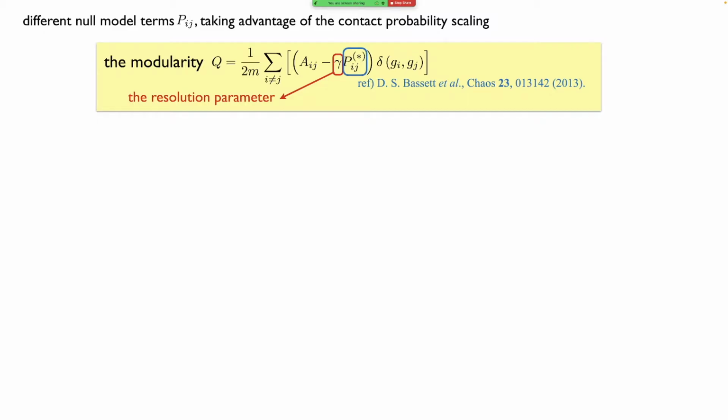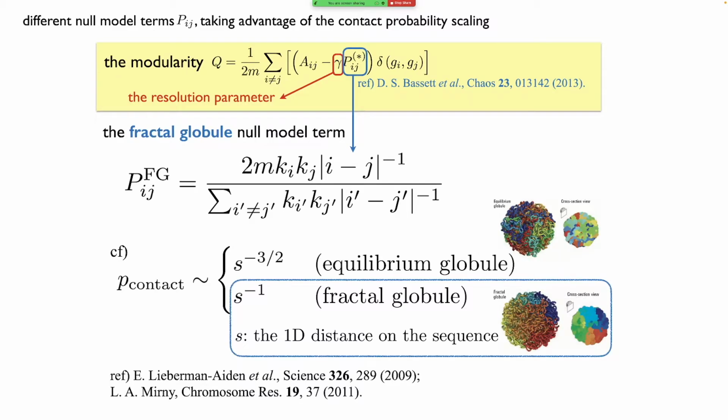Moreover, thanks to the studies on contact probability scaling as a function of sequence distance, we know that the background interaction between two loci follows the so-called fractal globule scaling, with the contact probability expected to be inversely proportional to the 1D sequence distance.